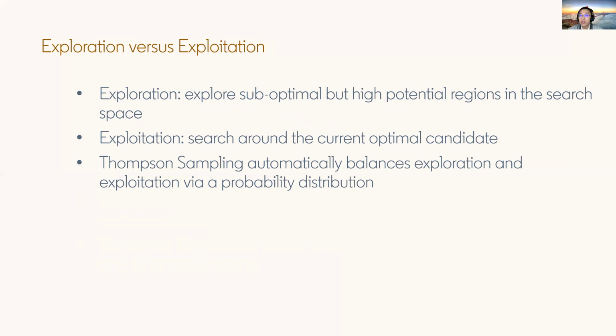A lot of acquisition functions balance exploitation and exploration, such as EI and UCB. Also, we can use Thompson sampling to automatically balance the exploration and the exploitation. These two concepts are also very common in multi-armed bandit settings as well as reinforcement learning.